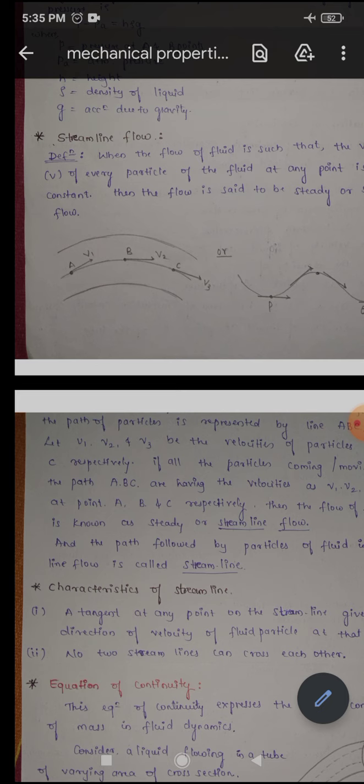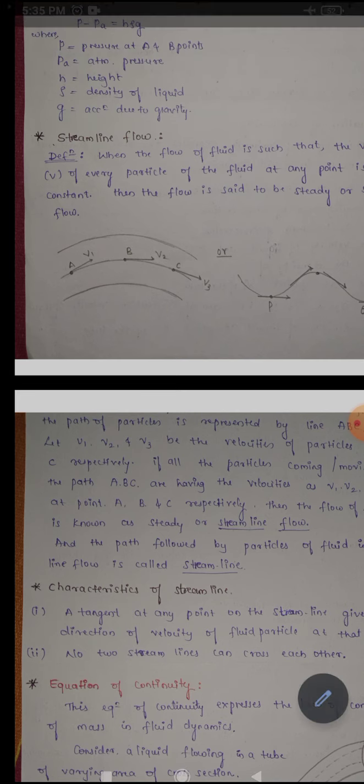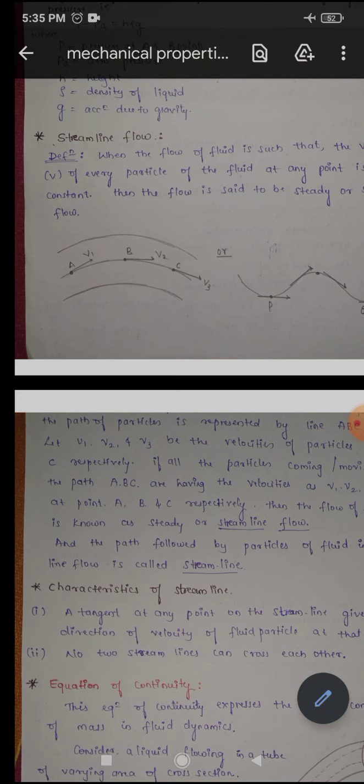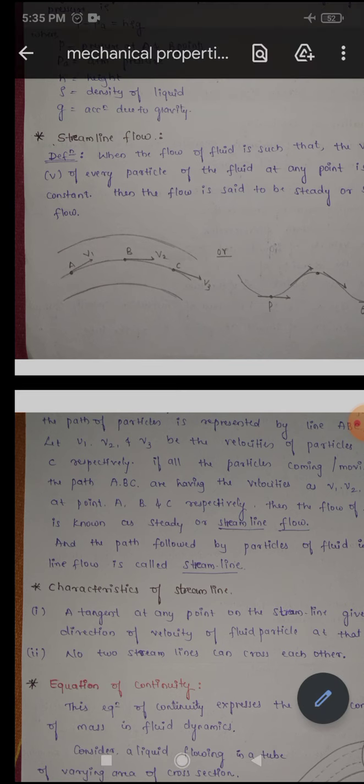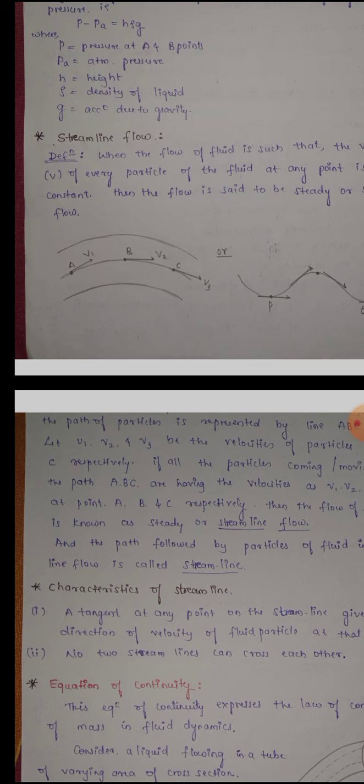That is, let v1 be the velocity at point A, v2 the velocity at point B, v3 the velocity at point C. If the particles coming to the point A have the velocity v1, and when that same particle comes to the point B it has the velocity v2, and when that same particle comes to the point C it gets the velocity v3, then that flow is known as streamline flow.